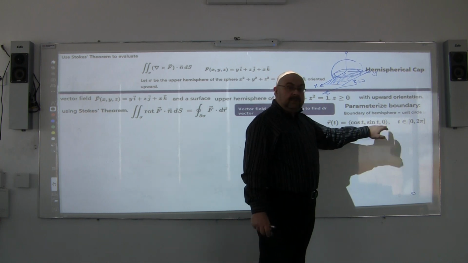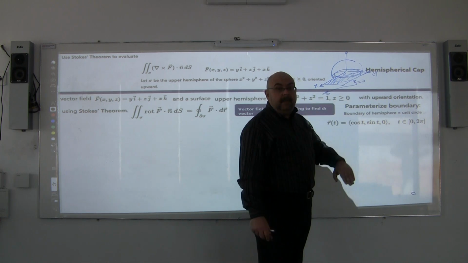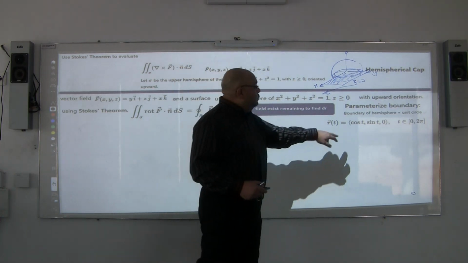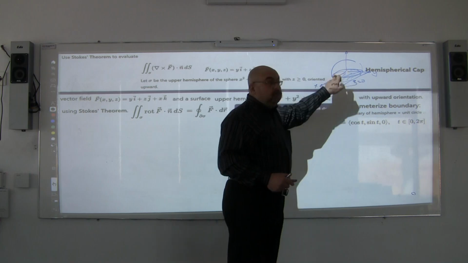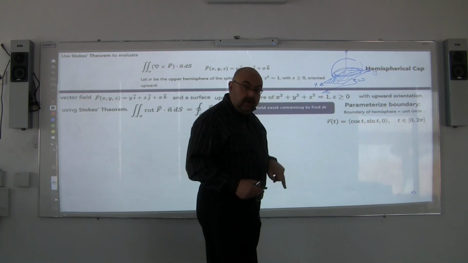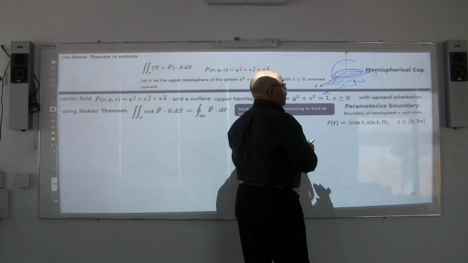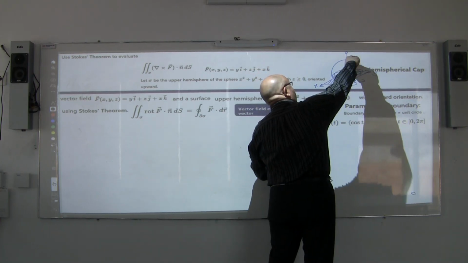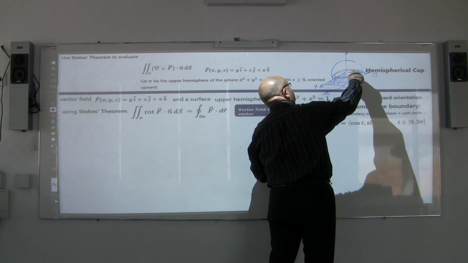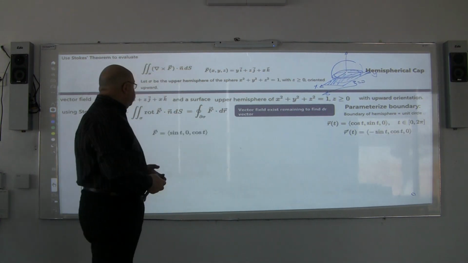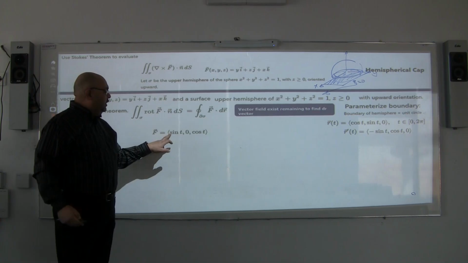And z is equal to 0 because you are talking about the xy plane, as you can see. t runs from 0 to 2 pi in order to get the evaluation of the boundary, and we are in the positive direction. If I'm walking around the boundary of the circle, my left arm will be inside it exactly.